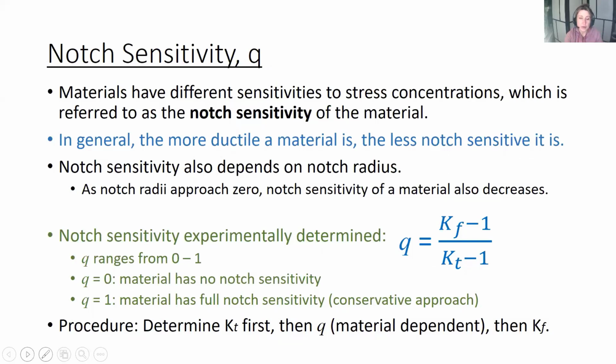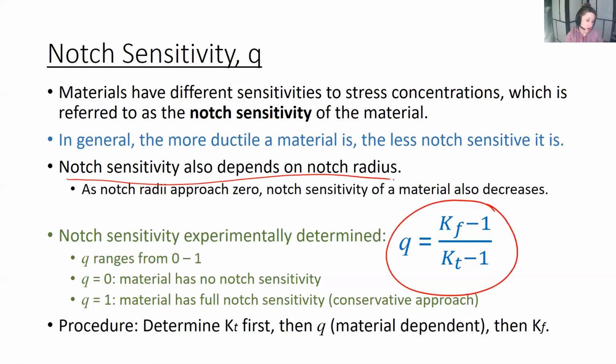Notch sensitivity, q. Materials have different sensitivities to stress concentrations, which is referred to as the notch sensitivity of a material. So in general, the more ductile a material is, the less notch sensitive it is. Brittle materials are more sensitive to notches because in a brittle material, a little notch is going to propagate a crack a lot faster than in a ductile material. Notch sensitivity also depends on notch radius, and it is experimentally determined.